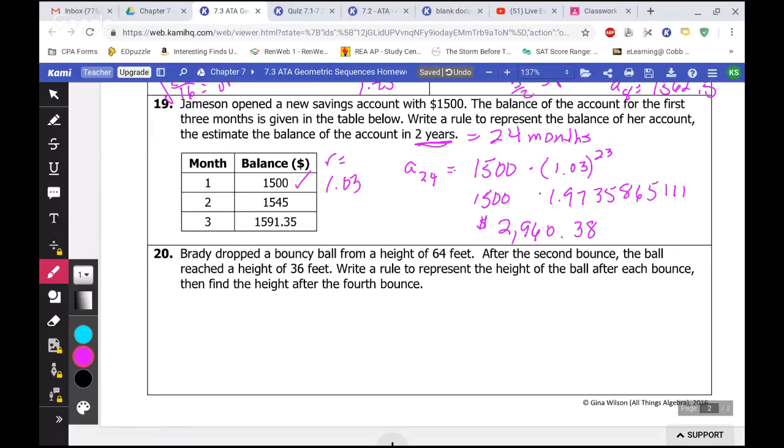Okay, Brady dropped a bouncy ball from a height of 64 feet. After the second bounce, the ball reached a height of 36 feet. Write a rule to represent the height of the ball after each bounce, and then find the height after the fourth bounce. So I'm basically going to be looking for the sequence A sub 4.